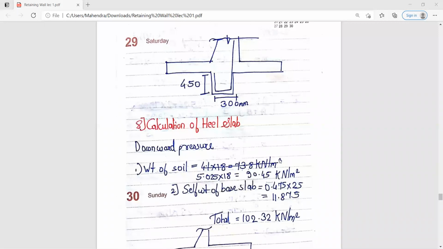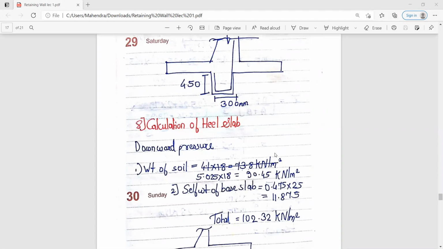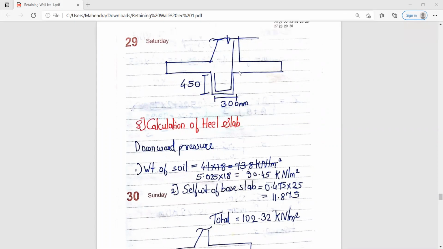Is it okay for everyone to rejoin the other lecture again? Okay, had you drawn this diagram? Should I proceed further?